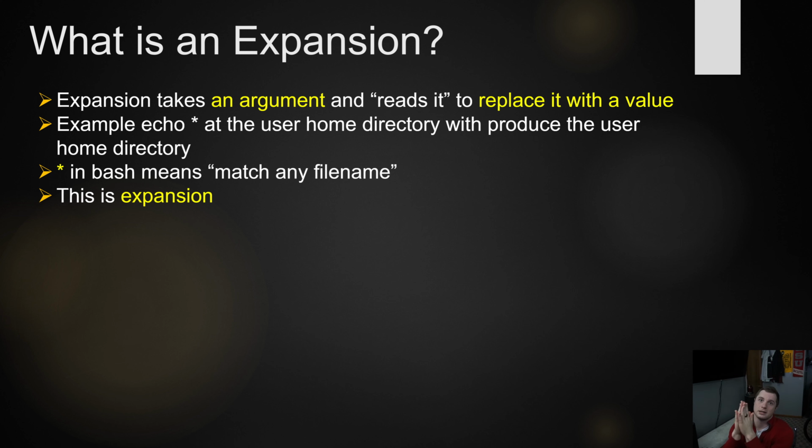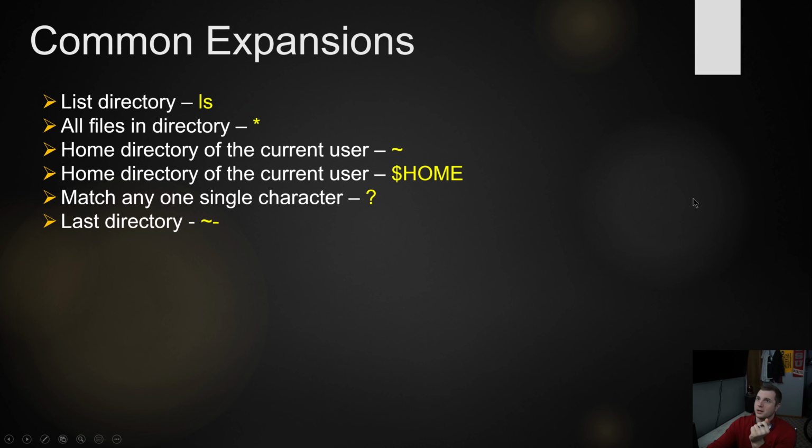So basically it takes anything that has a symbol to it and it represents something else. Like I said before, you can do this in a string with a variable, but these are built-in expansions with bash. So something like tilde would be the same thing. That's still an expansion.